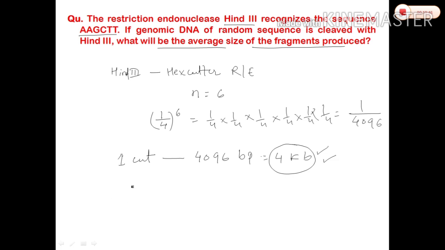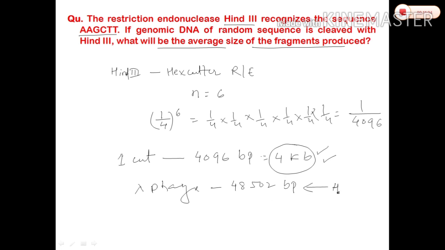If we take the example of lambda phage, the lambda phage genome consists of 48,502 base pairs, right?